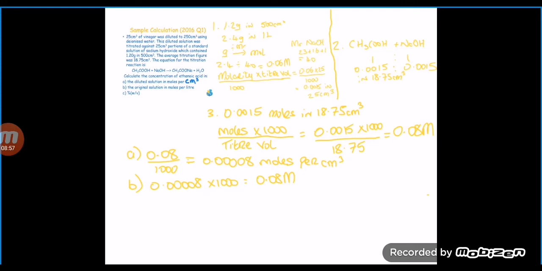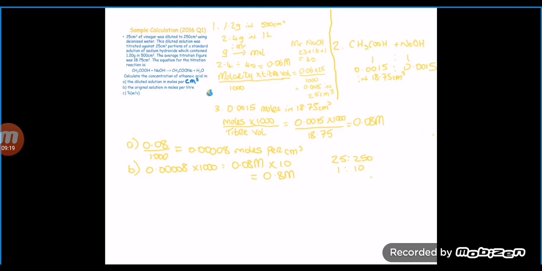So 25 centimetres cubed diluted to 250 would be a 1:10 ratio for me, so it's diluted by a factor of 10. So you need to multiply by 10 to find the concentration of your original solution, and that gets you 0.8 moles per litre.